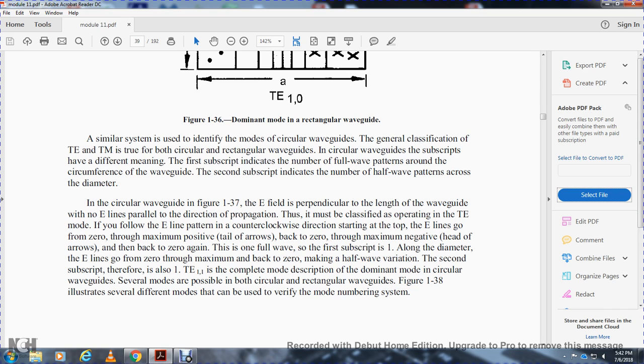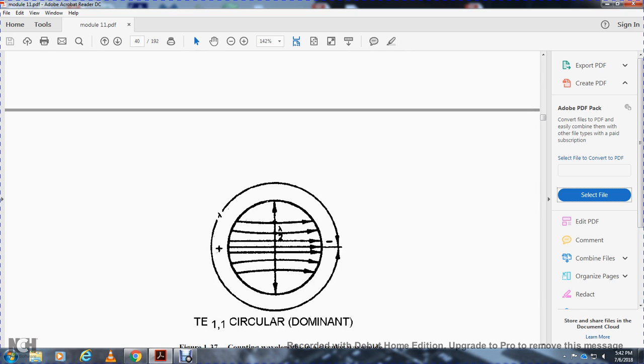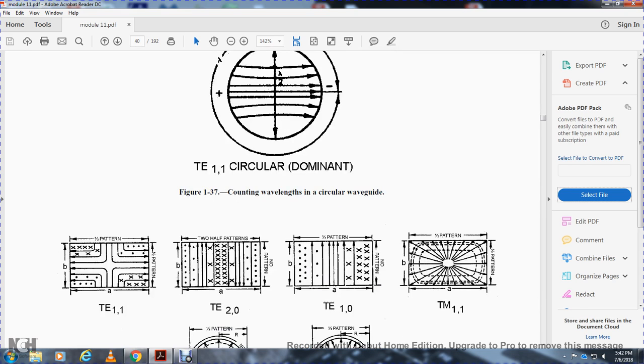Several other modes are possible in both circular and rectangular waveguides. Figure 138 illustrates several different modes using the mode numbering system. Transverse electric 1-1 circular dominant shows one full pattern and one half pattern.